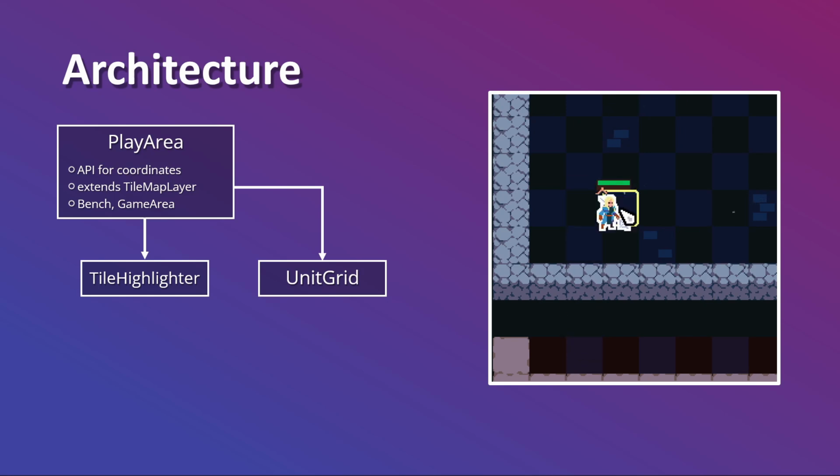And inside the UnitGrid, we can do a bunch of things like adding units, removing units, getting all the units, or checking if a tile is occupied and things like that. It will also have a signal called unit_grid_changed, so we can notify all the other systems inside our game when the UnitGrid is changed for whatever reason. And this will be very useful, for example, for updating the UI, for activating traits or checking the team size which currently occupies the game area.